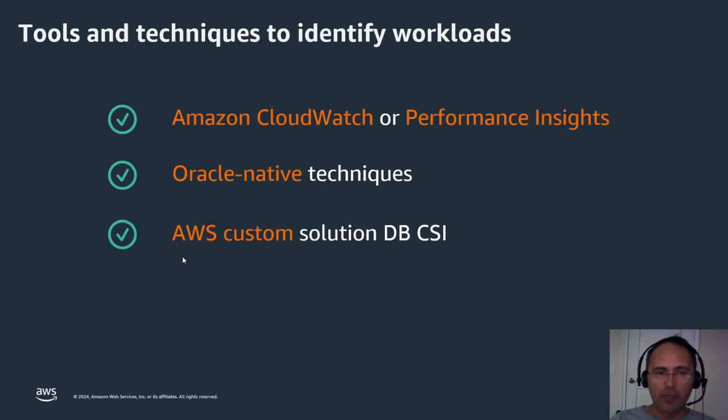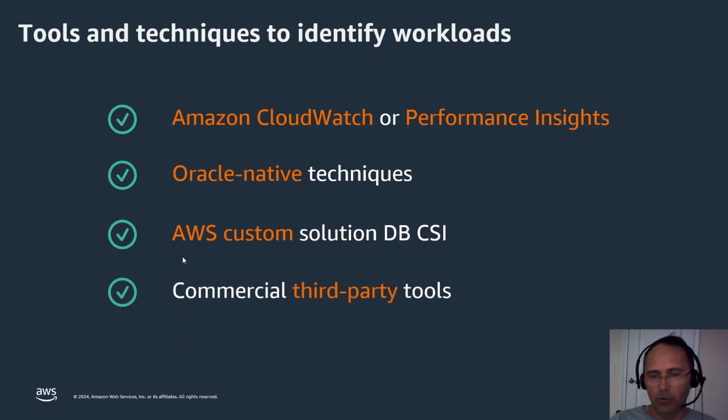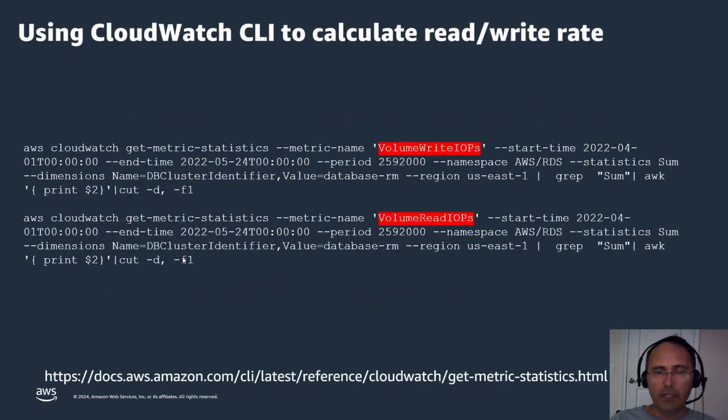It's called DBCSI, or Current State Investigation, and I'll show you a bit more detail on that. This tool has been around for some time, but now it's updated to include recommendations for migration, including ElastiCache, not just a straight lift and shift. And finally, third-party tools. If none of that works, you can try some third-party tools that could help you identify workloads. So let's go into a little detail.